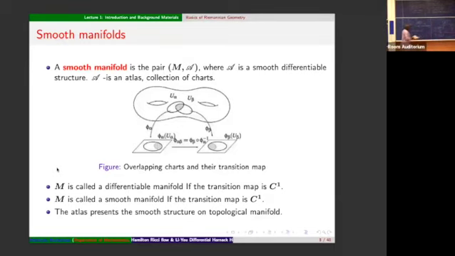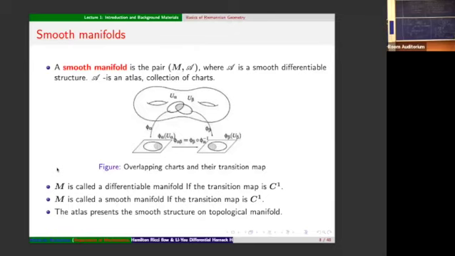If you look at what I put on the screen, the notation here is different. If you have this chart and this transition map, if the transition map is C1, then you say M is differentiable.